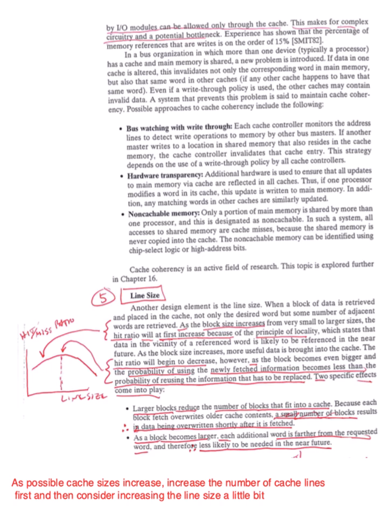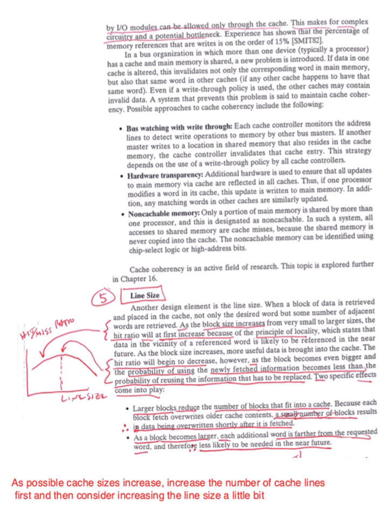So you see on this curve, as the block size increases, the hit ratio will first start increasing because of the principle of locality of reference, spatial and temporal. Actually, it's both, and it states that data in the vicinity of a referenced word, which is the spatial part, is likely to be referenced in the near future, which is the temporal part.